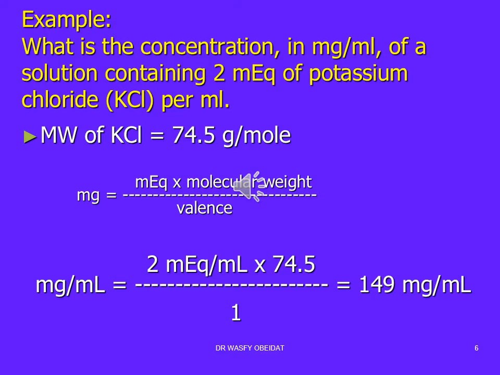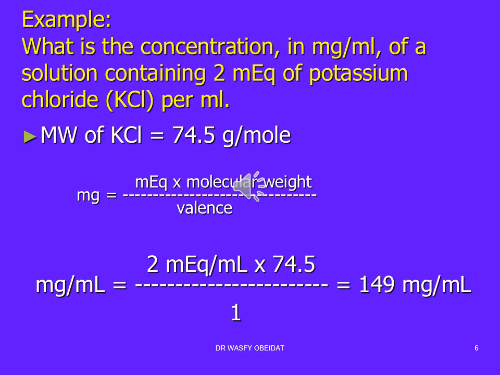To solve this problem, we should first know the molecular weight of the salt, potassium chloride. It is mentioned that the molecular weight is 74.5 grams per mole. Therefore, we can use the second formula in the previous slide, where milligrams can be obtained by multiplying the milliequivalents by the molecular weight and then dividing by the valency of the ion to get the values in milligrams.